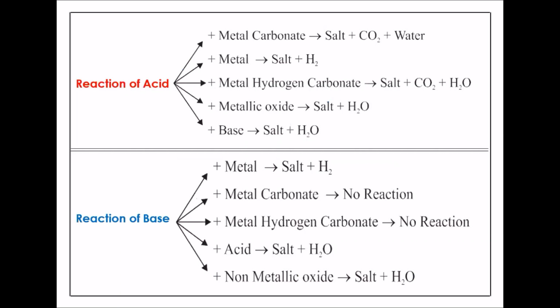Next, acid plus metal gives rise to salt plus hydrogen gas. We know how to test hydrogen gas. If you place a burning splinter or burning matchstick near hydrogen gas, it will be put off with a pop sound. Third one, acid plus metal hydrogen carbonate, which is the same as the first one. Acid plus metal carbonate or metal hydrogen carbonate gives rise to salt plus carbon dioxide plus water.